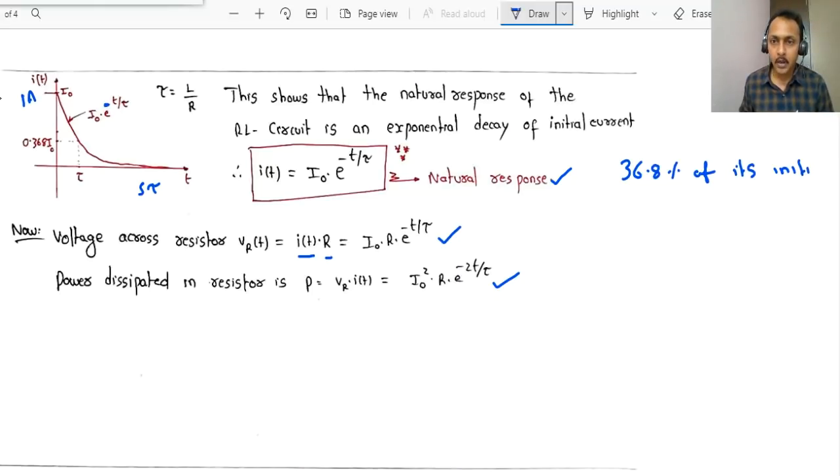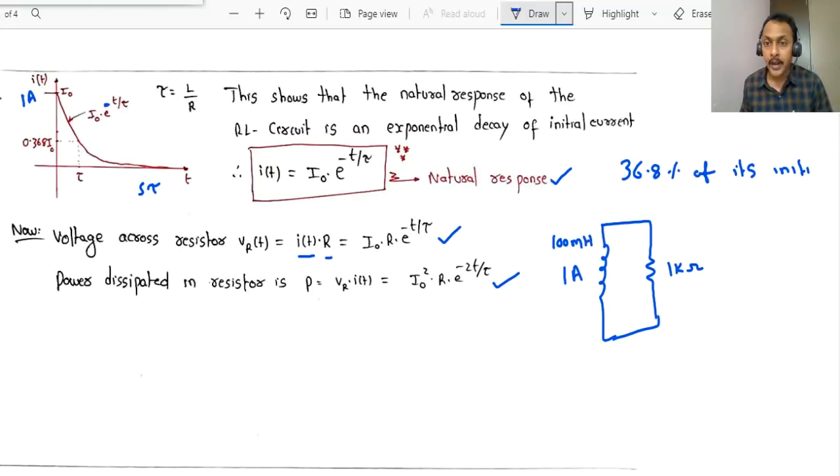Now, for example, if initially there is 1 ampere current, you have an inductor like this and a resistor like this. If the R value is 1 kilo ohm and the inductor value is 100 millihenry, within how much time do you think this 1 amp will become 0.368 amps?